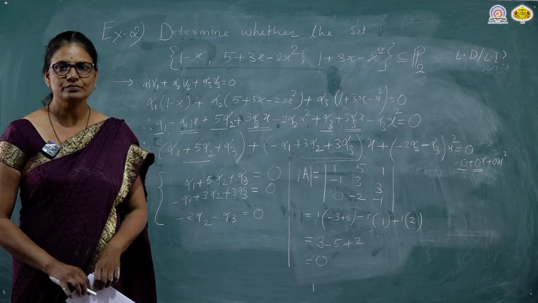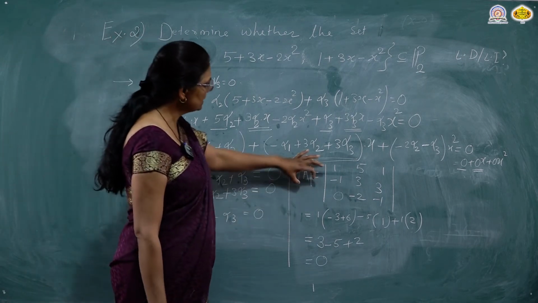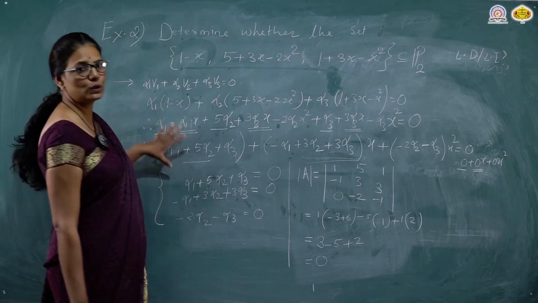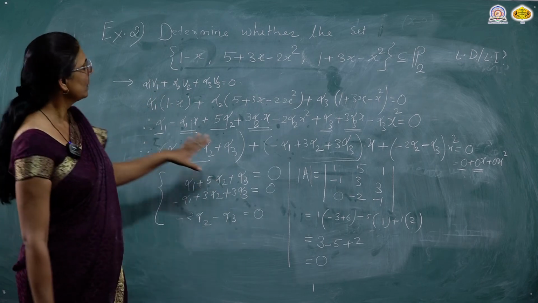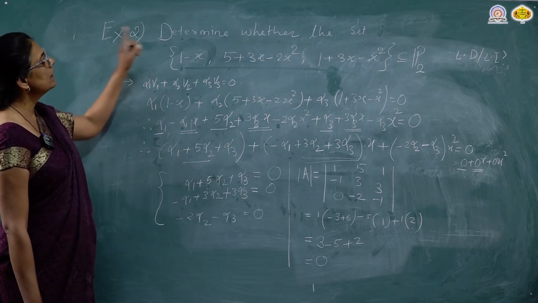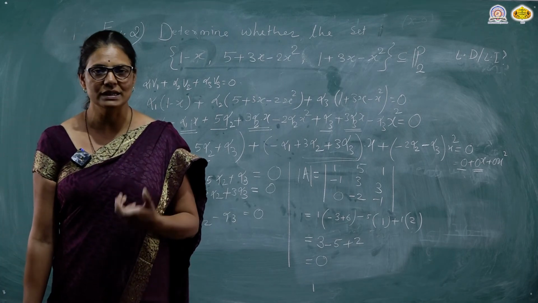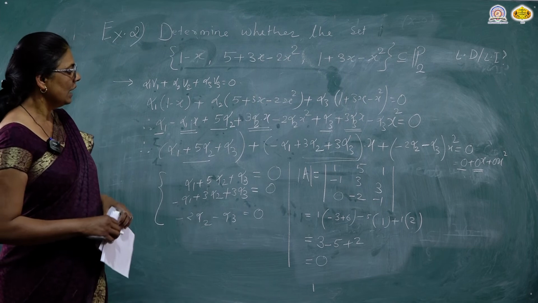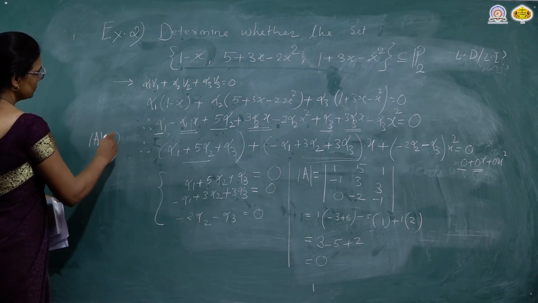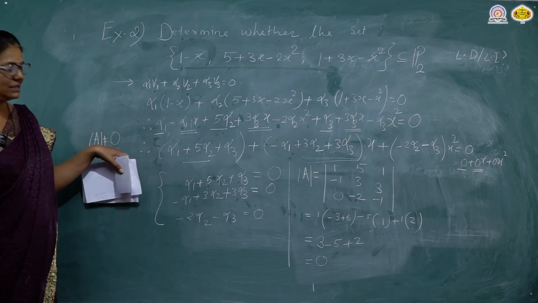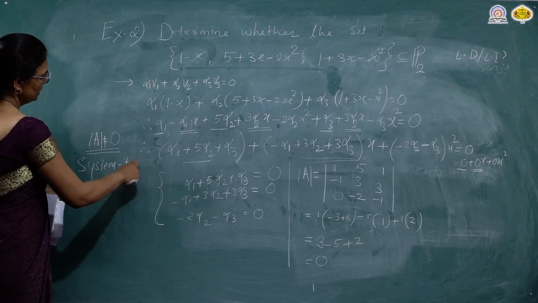The answer is 0. So if this determinant is 0, the system has a non-trivial solution. A non-trivial solution indicates that the given set is linearly dependent, that is, not independent. And remember one case: suppose we get the determinant not equal to 0. In that case the system has a trivial solution.